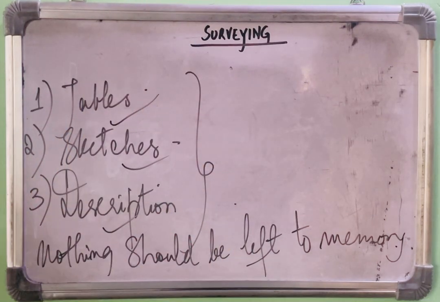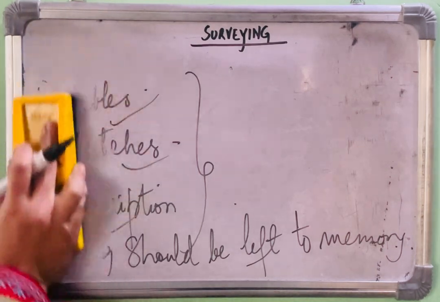The entries in the field book should be preferably made with a fine black ballpoint pen to ensure permanency, or alternatively we can use a hard pencil 3H or 4H so that a permanent impression is left on the paper, right? Let me write it down for you.